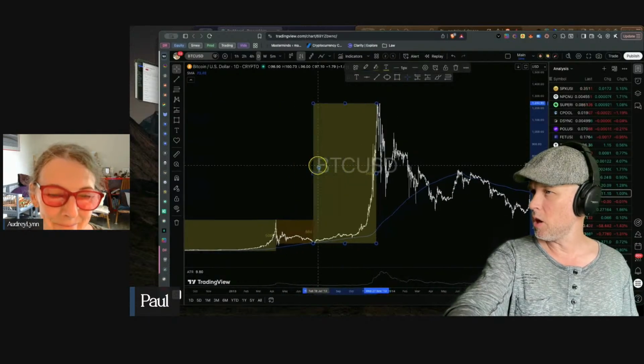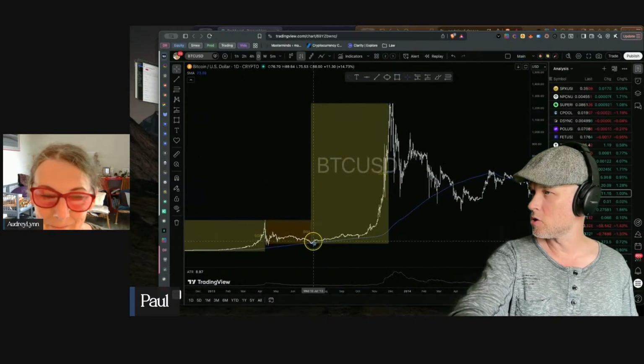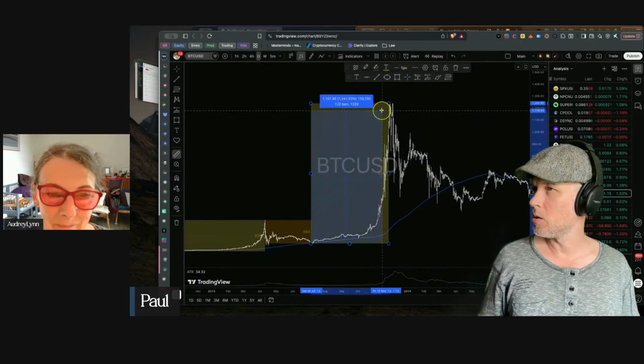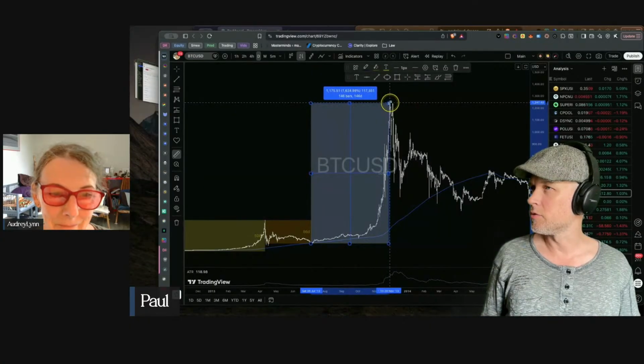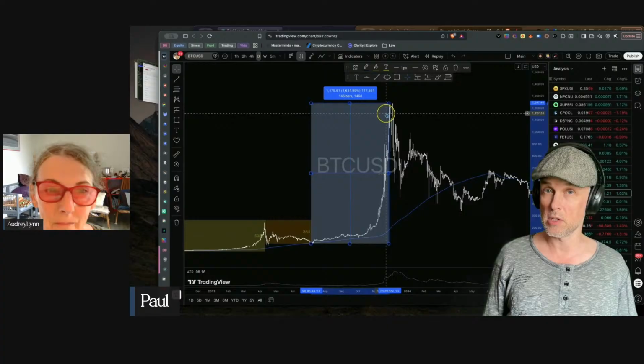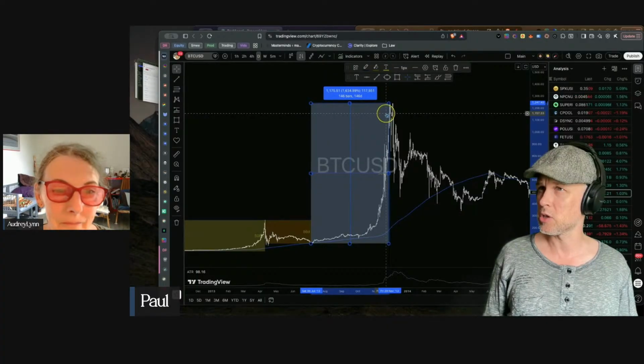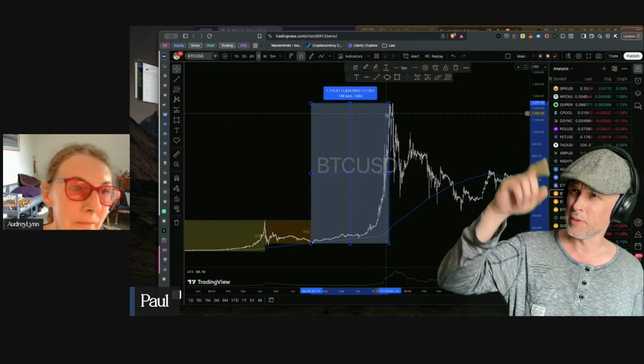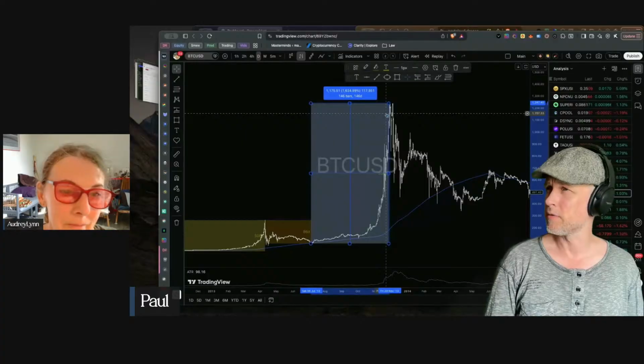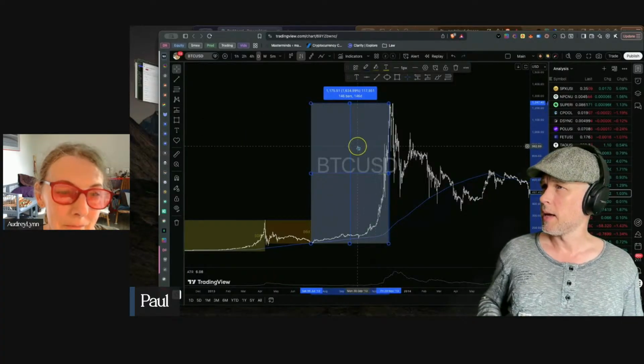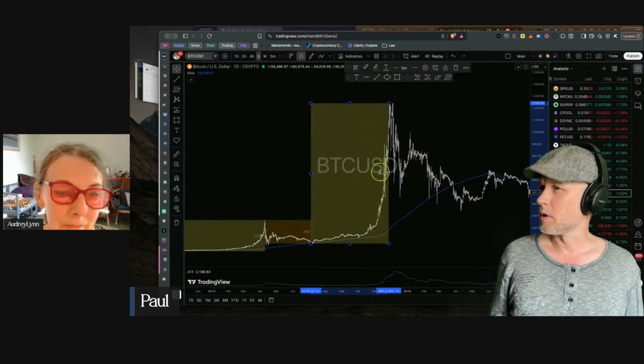So from the low to the high in this situation, went from that low to the high of November 2013. Again, altcoins weren't even in the picture yet. Bitcoin went up to $1,247, and that happened across 146 days.